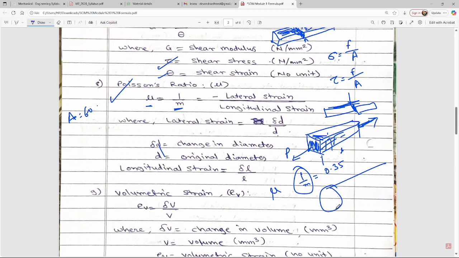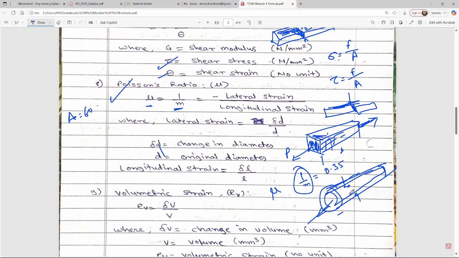Same for a circular bar: if the length is increased, the diameter will be decreased.